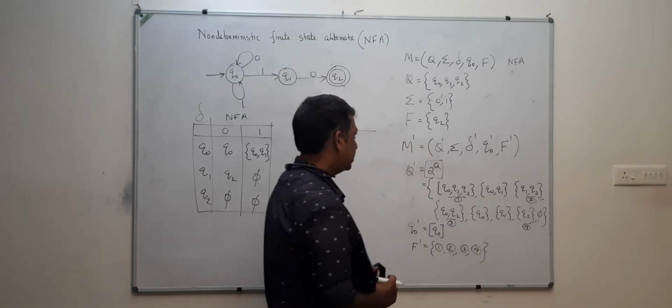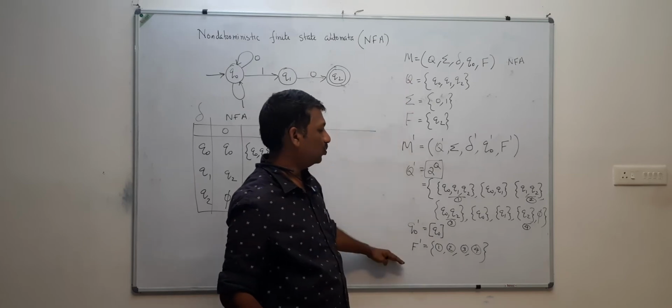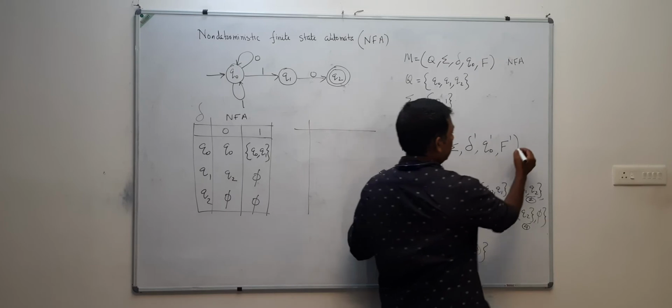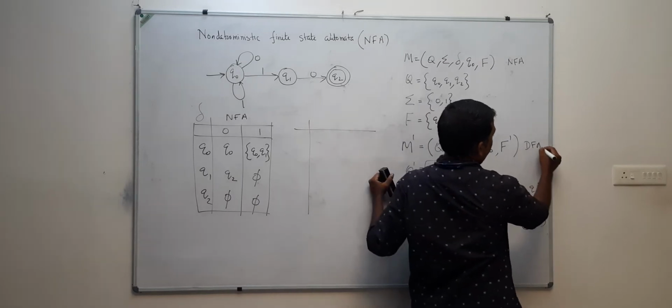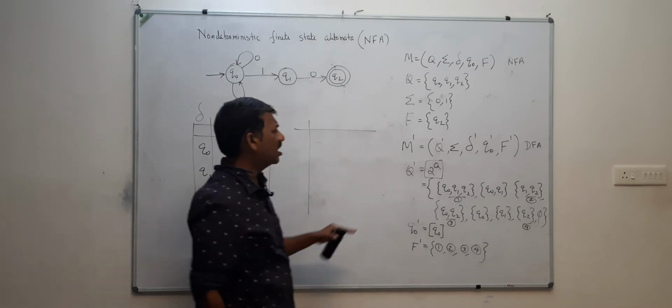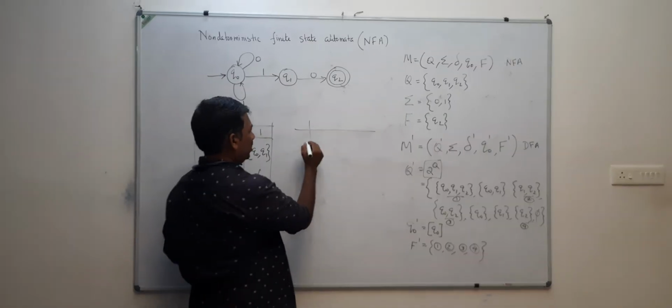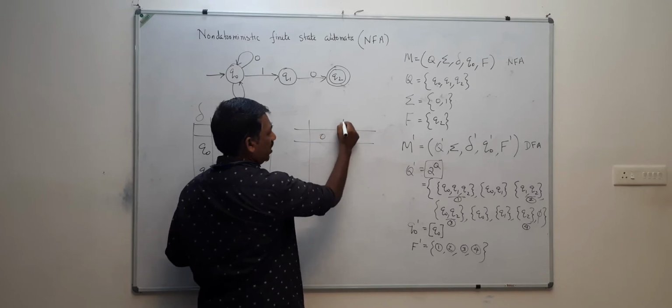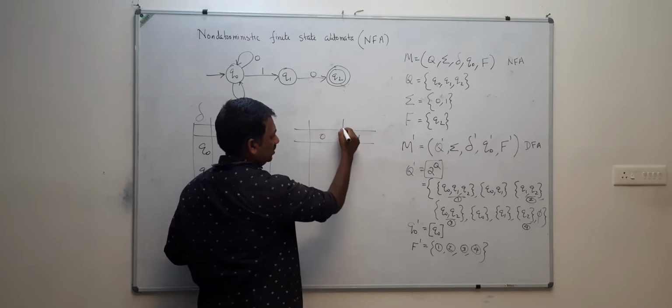Okay, that means this is the DFA corresponding to the NFA. This is the NFA and the corresponding DFA is this. Here we are going to have 0 and 1 as the inputs.